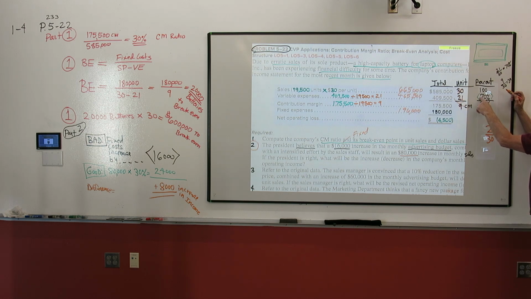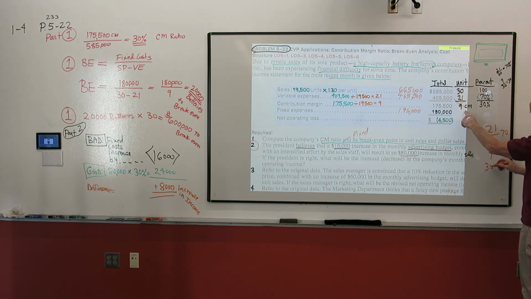So 70% is the percent of variable expenses. How about the contribution margin? Well, what is 9 of 30? 9 of 30 is 3 times 3, that's 30%. So every time we sell one of these, 70 cents of the money we lose, and 30% of the money is what we get.